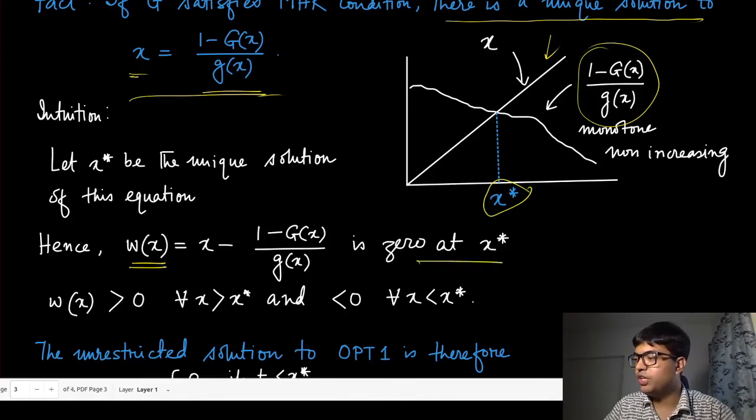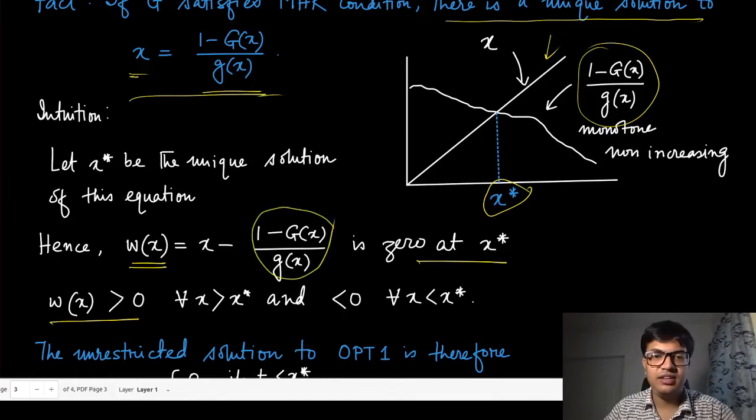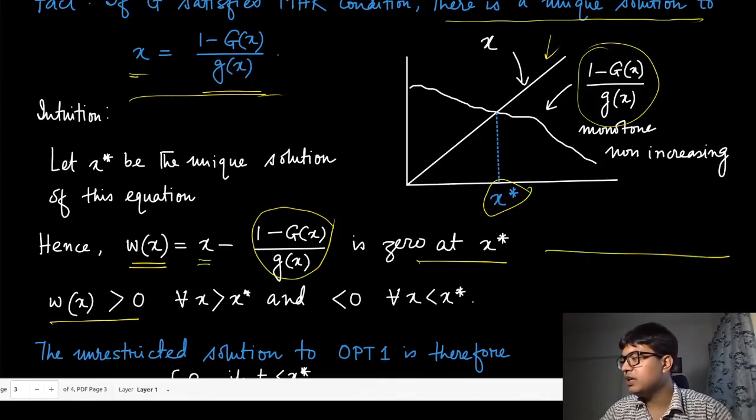So we already know that w(x) is uniquely 0 there. We know this term is monotone non-increasing, so minus of that is monotone non-decreasing, and x is increasing, therefore w(x) is an increasing function.